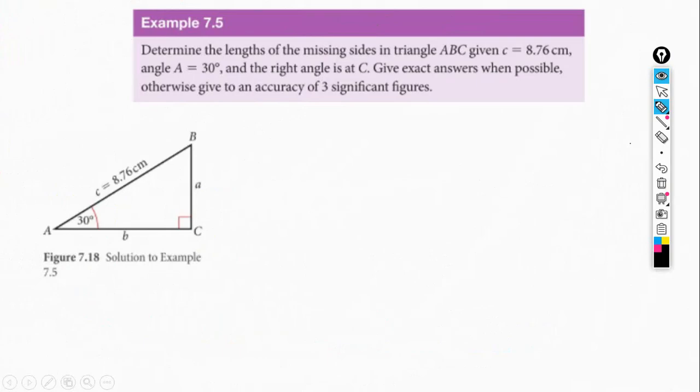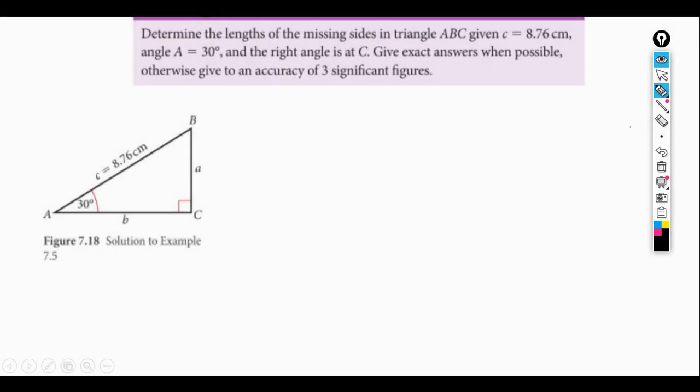So here we have example 7.5, and it says, determine the lengths of the missing sides in triangle ABC, given c is equal to 8.76 centimeters, angle A is equal to 30 degrees, and the right angle is at C. Give exact answers when possible, otherwise give to an accuracy of 3 significant figures.